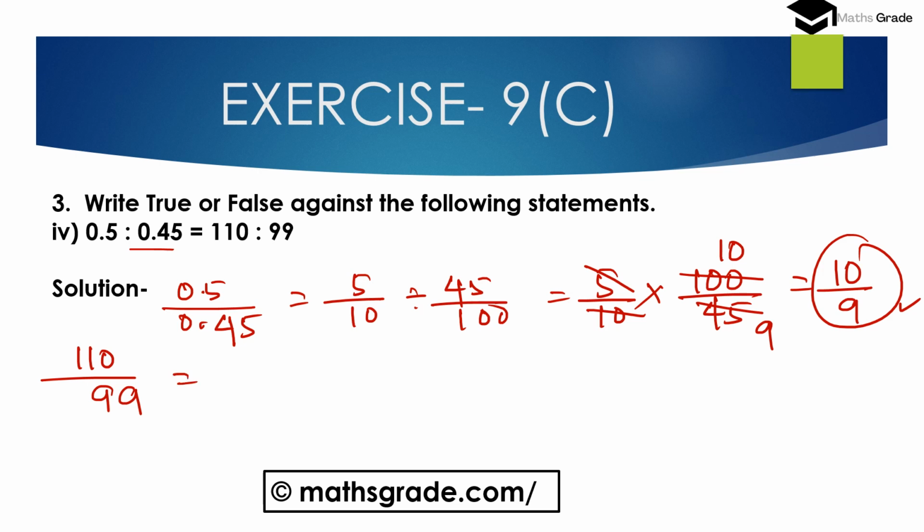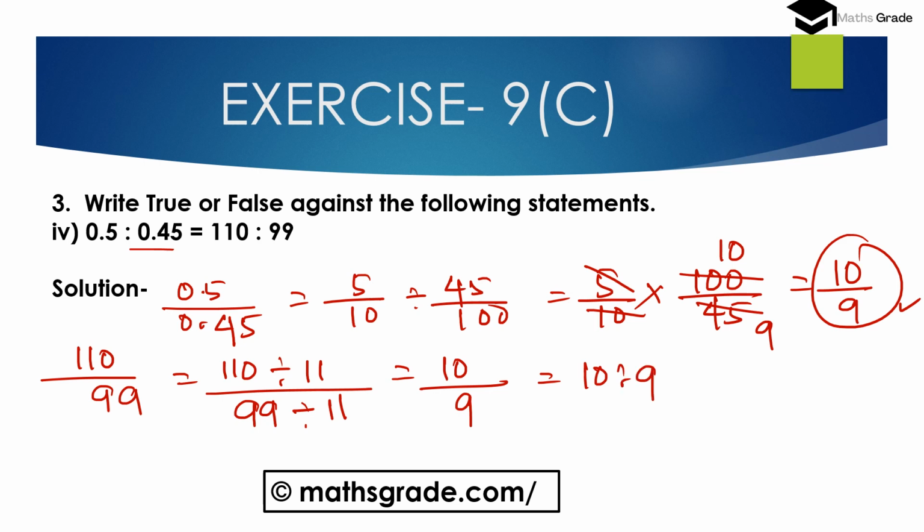And between 110 and 99, 11 is the common ratio. So divide the antecedent 110 with 11 and the consequent 99 with 11. Now 110 divided by 11 is 10 and 99 divided by 11 is 9. Now 10 divided by 9, that is 10 is to 9.